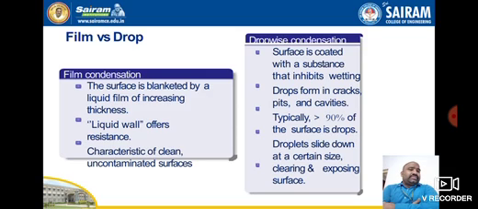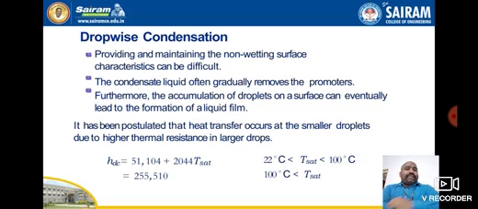The drops and droplets slide down at a certain size, cleaning and exposing the surface. Maintaining the non-wetting surface characteristics can be difficult, and the condensate liquid often gradually removes the promoters. Furthermore, the accumulation of droplets on the surface can eventually lead to the formation of a liquid film.